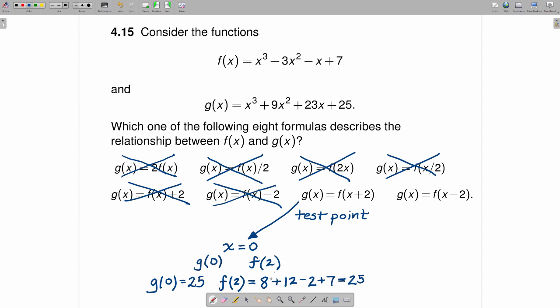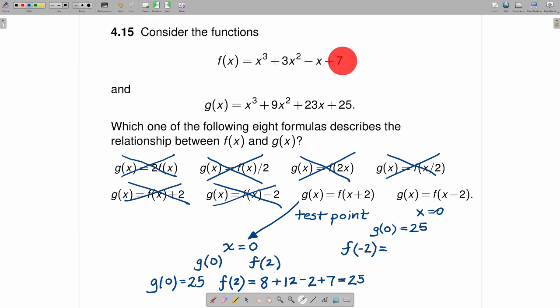So let's try a test point on this second one, and we'll try that same test point here, x equals 0. So in this particular case, we want to calculate g of 0, and over here we want to calculate f of negative 2. So once again, g of 0, just like before, was 25.